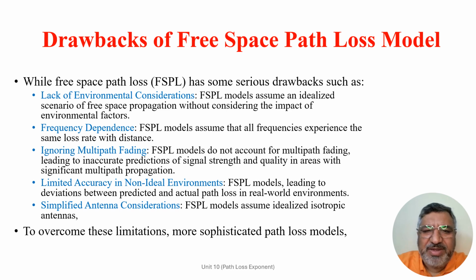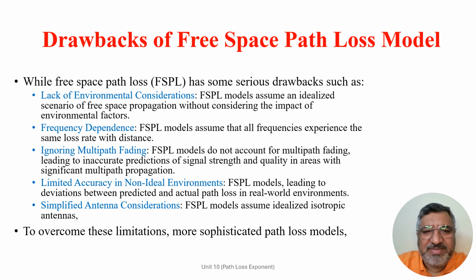So free space path loss model does not capture these frequency dependent effects, which can result in discrepancies between predicted and actual path loss. Similarly, it ignores multipath fading, which occurs when a signal takes multiple paths and interferes with itself at the receiver side.